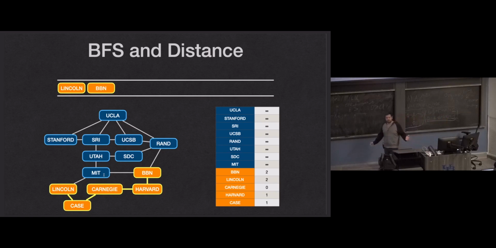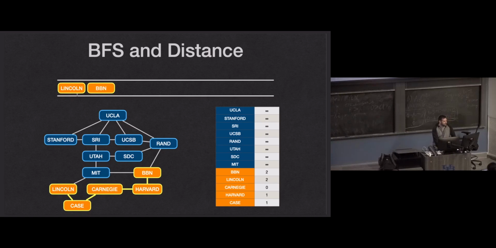Either way, it's distance 3. We don't really care for our purposes, but that's how the tie was arbitrarily broken. It just matters how you added the edges. The order in which you added the edges to the graph is going to determine the order in the adjacency list, and that's going to end up breaking the ties in this kind of arbitrary fashion.